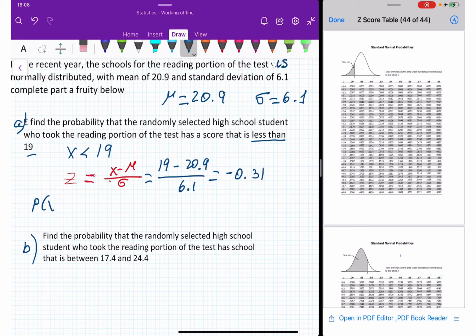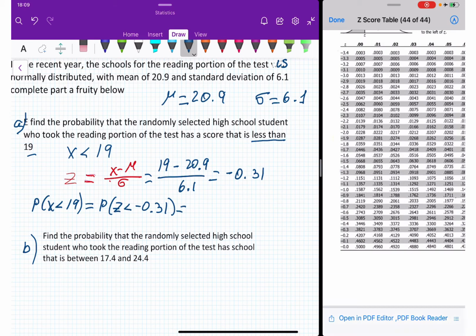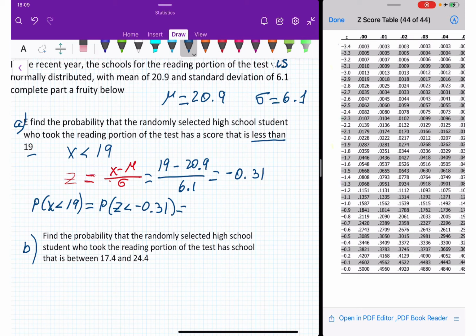Okay, so what do we have? Probability for x that is less than 19 is represented by probability of z-score that is less than negative 0.31. And that is equal, let's go to our table, negative 0.31. Negative 0.3, here it is, and 1 is going to be right here. Let me change the color.